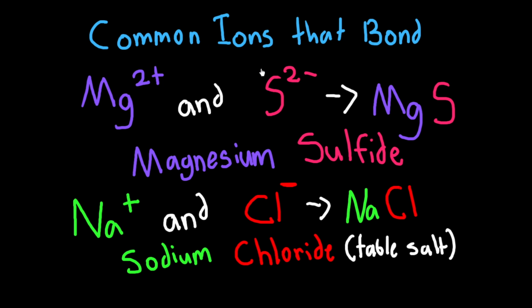So some of the other common ions that bond are magnesium and sulfur. Magnesium has a 2 plus charge and sulfur has a 2 minus charge, and they combine to make magnesium sulfide. And one extra thing is that whatever the anion is, you replace the ending with "ide" instead.